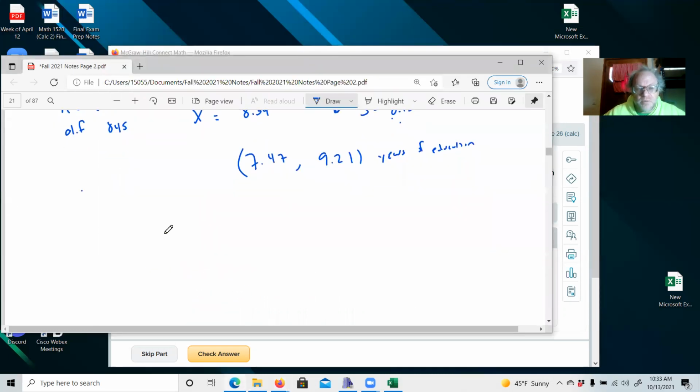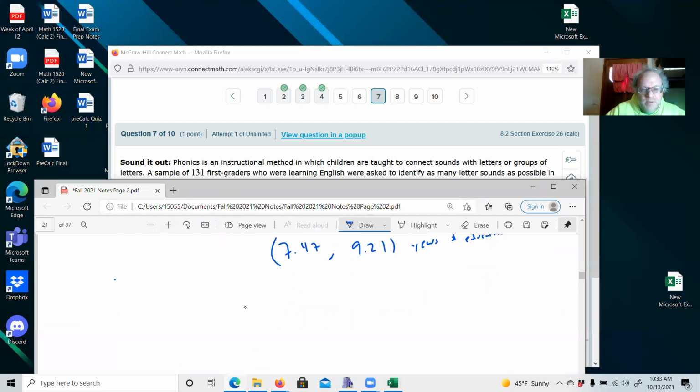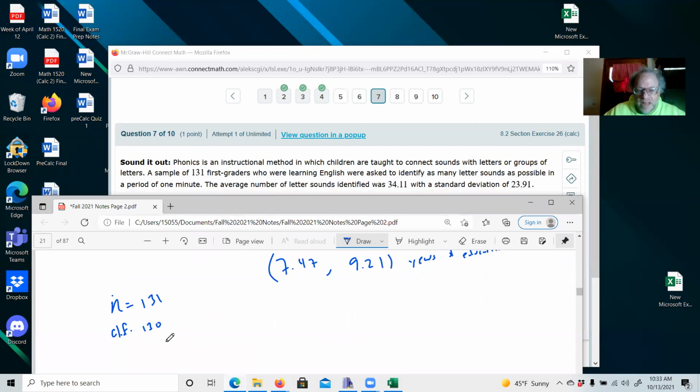Round answers to decimal places. Okay, so what do we have? We have a sample, so n is equal to 131. Just in case anybody ever asks, we have 130 degrees of freedom. The experiment was to ask these first graders, please identify as many letter sounds as you can, and we're going to time you. No pressure.